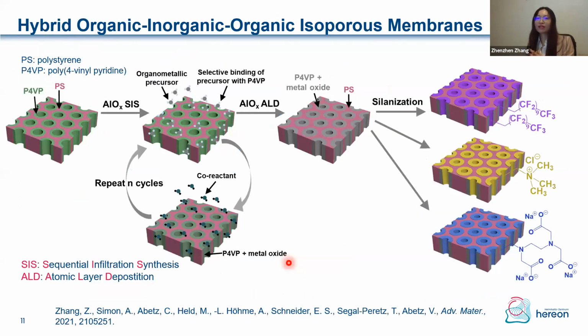So in those studies, we tuned the pore size together with introducing the charged functionality. We were wondering if it would be more exciting if we can tune the pore size and also introduce the pore functionality independently. So in this work, we present the top-down process and grow the metal oxide within and onto the nanochannels by atomic layer deposition, ALD.